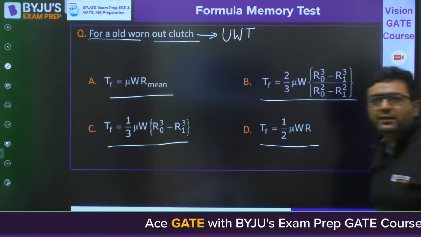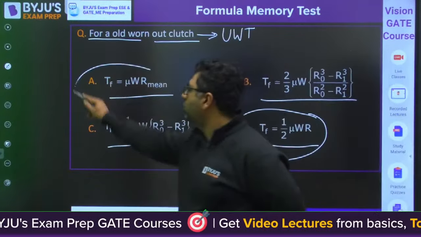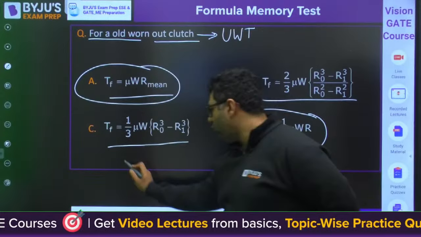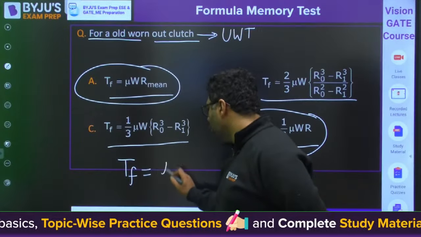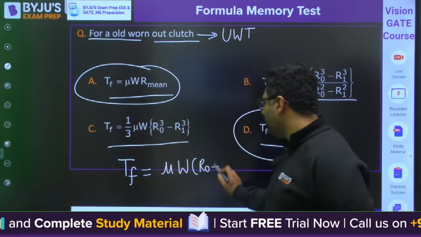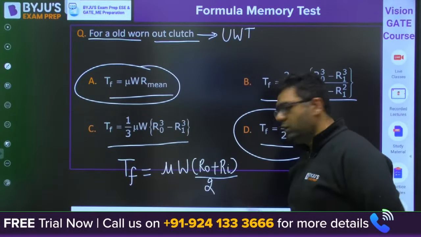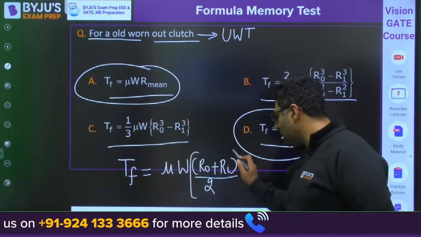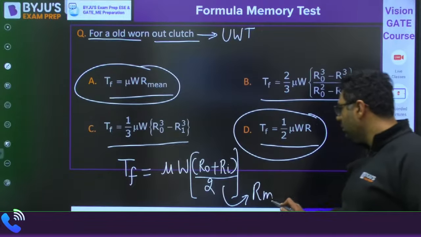So here, my dear, there will be a confusion between this formula and this formula. The real formula for the uniform wear theory is mu W (R naught plus Ri) by 2. R naught plus Ri by 2 can also be written as R mean.